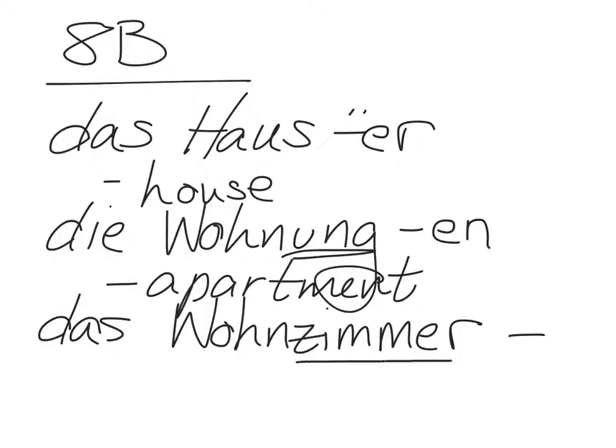Zimmer is the word for room. And unfortunately, it's one of those that ends in an R, but it's not actually a dare word. Okay? But to make it plural, all you do is change the das to D. So Zimmer is a very, very, very good one to know.